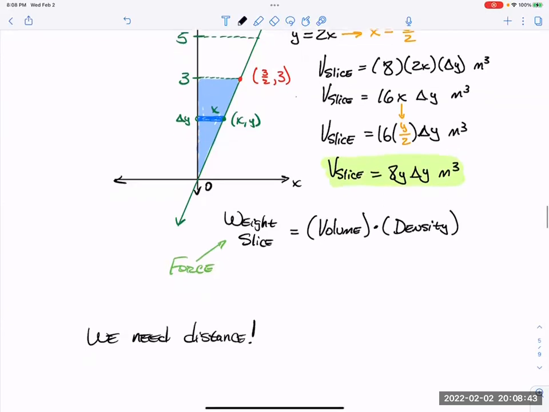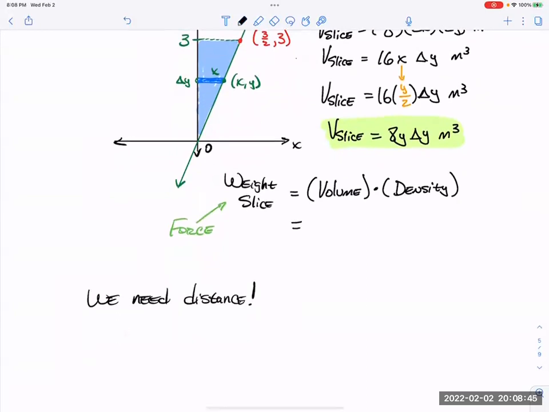Now, what is the volume of our slice? That was 8y delta y, and this was in cubic meters, times, okay, what was our density of our slice? That was given as 9,800 newtons per cubic meter.